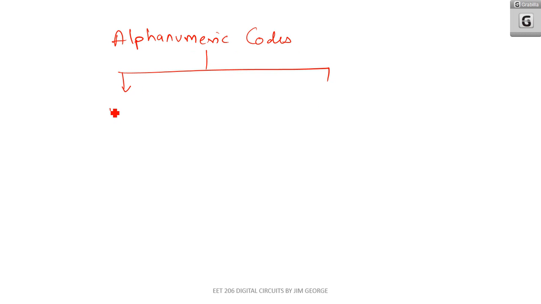Now coming to the classification of alphanumeric codes. Some examples are ASCII code, EBCDIC code, and Hollerith code.